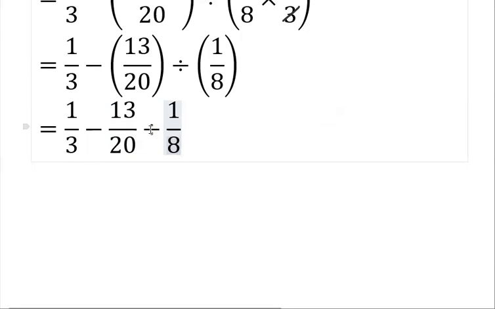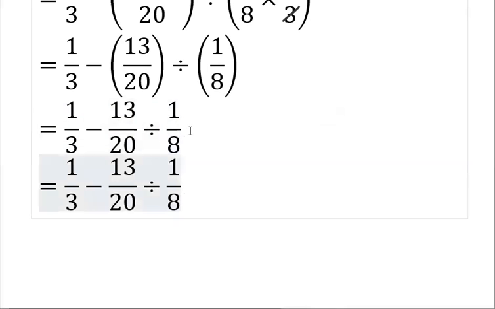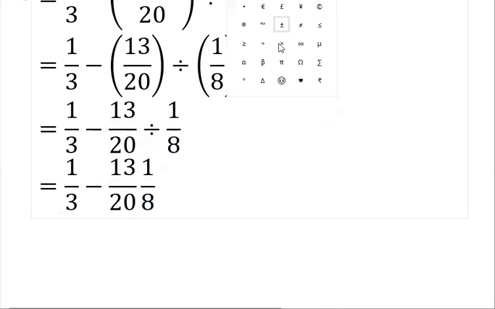Don't forget, we explained earlier on in this video that whenever we have division, we change it to multiplication and swap the numerator and the denominator on the right hand side. Now, like I said earlier on, this divide will change to times.